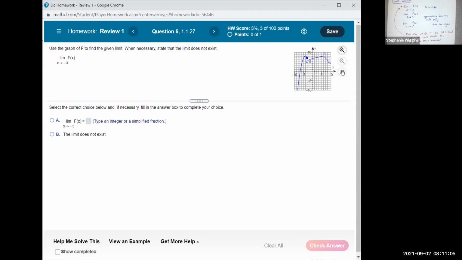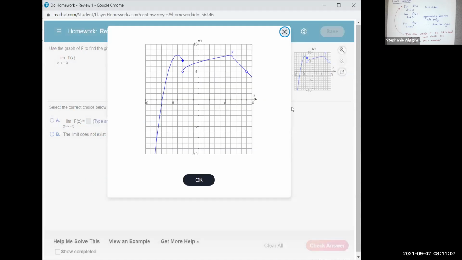So I'm going to go to the x-axis here and find -3. So there's my spot. Now, what you'll notice is at that, as I draw a vertical line, the function value is right here where it's filled in. And so on the left, it's approaching this spot right here, which is at a height of 7.